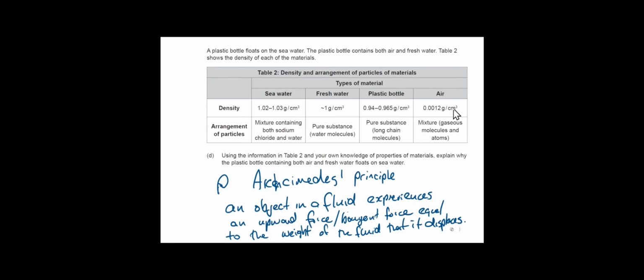And in fact, there are examples of this. Fresh water will float above seawater. If you go to a lot of the fjords down in Fiordland, there is a layer of fresh water at the top, and then underneath that is the layer of seawater. Plastic bottles, this is a big problem.